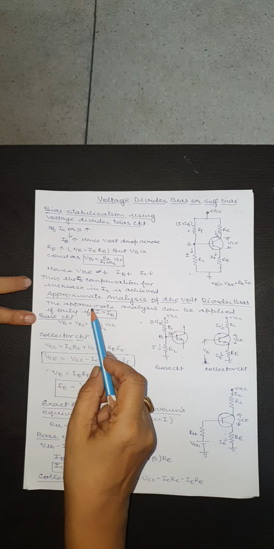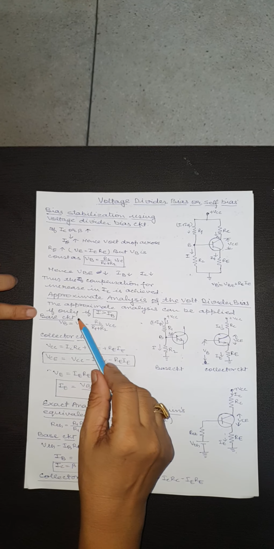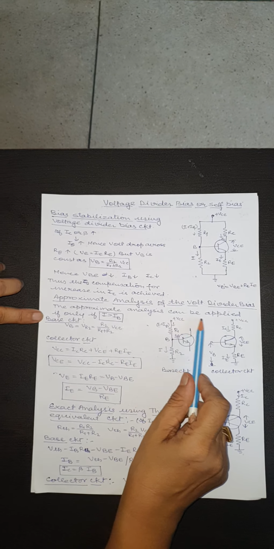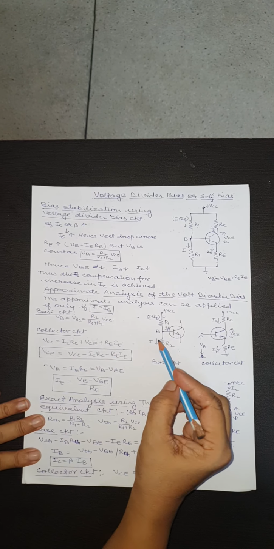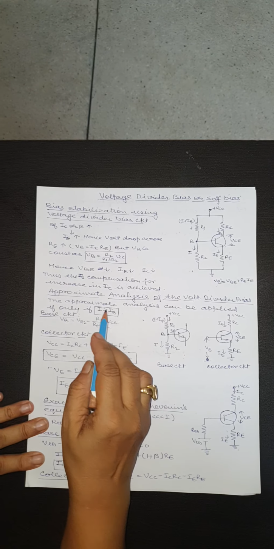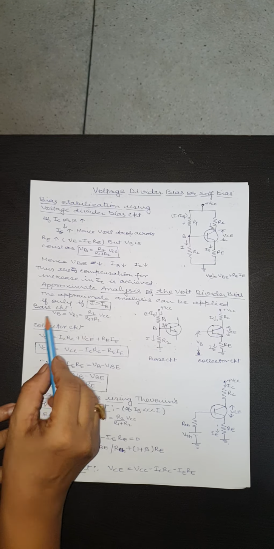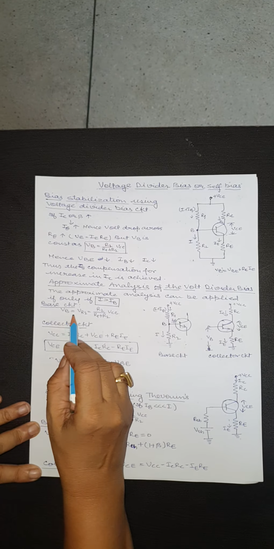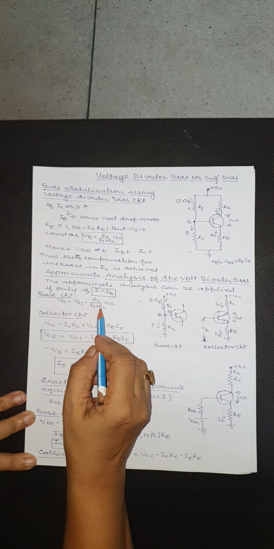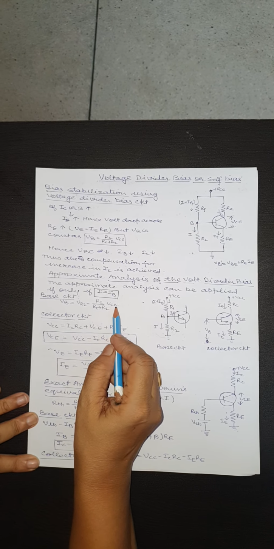There is approximate analysis of voltage divider biasing. The approximate analysis can be applied if and only if I, current through R2, is much greater than IB. By applying voltage division rule, VB is equal to R2 divided by R1 plus R2 multiplied by VCC.